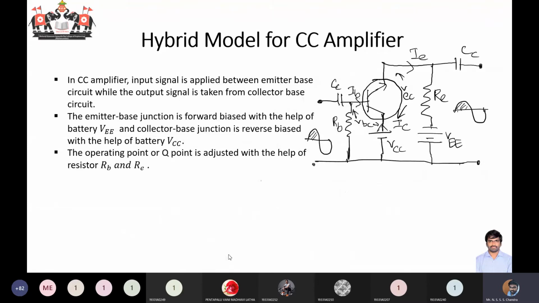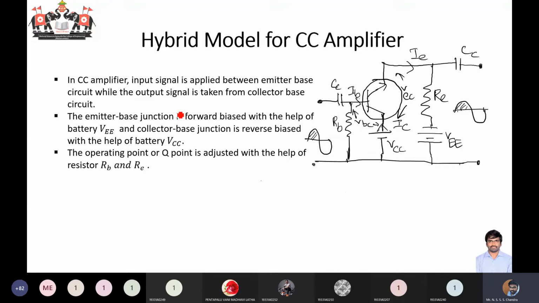And then coming to the common collector configuration. Again in the common collector configuration also we are not going to see any kind of phase shift. If we are giving the sinusoidal signal, we obtain the same sinusoidal signal without any phase shift. There is no phase reversal. Again here the emitter base junction should be forward biased and the collector base junction should be reverse biased.